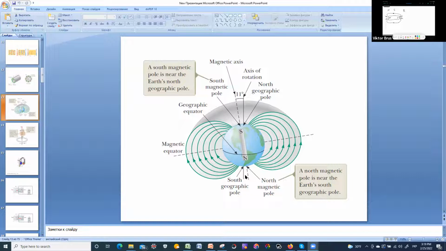So we have heat transfer between these internal and external regions.